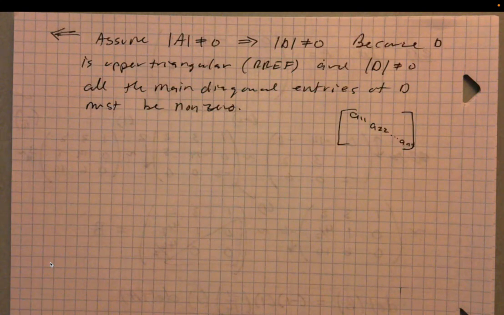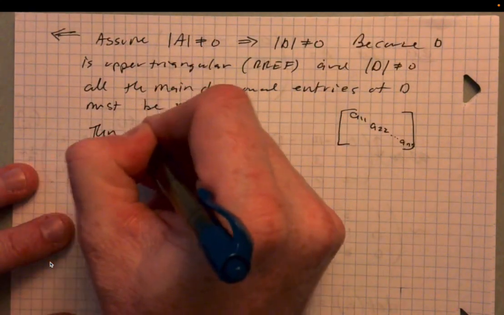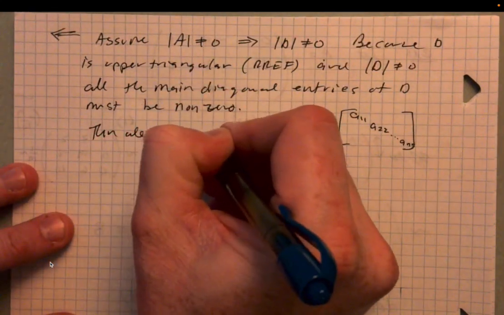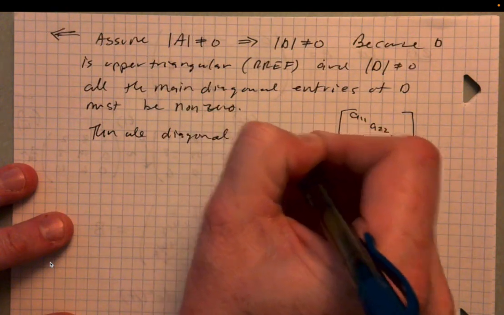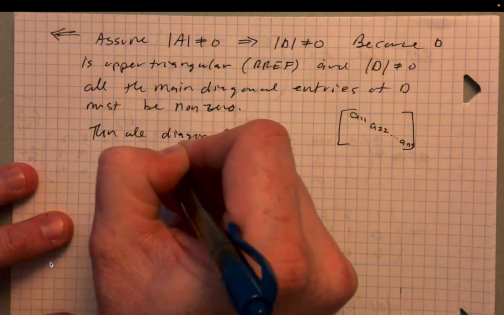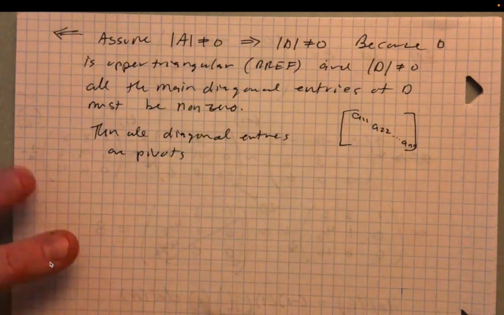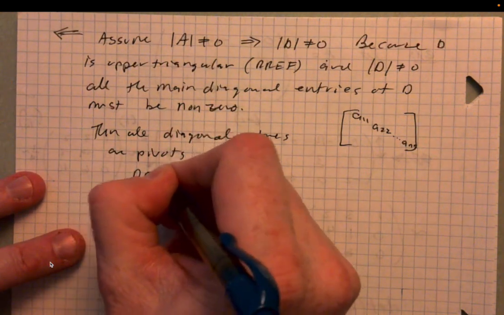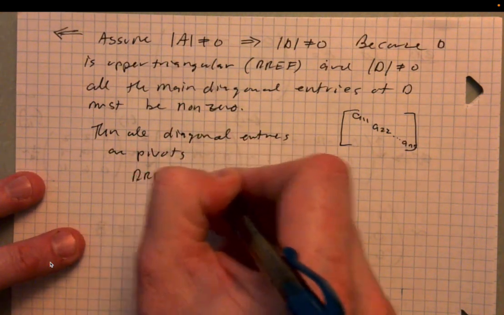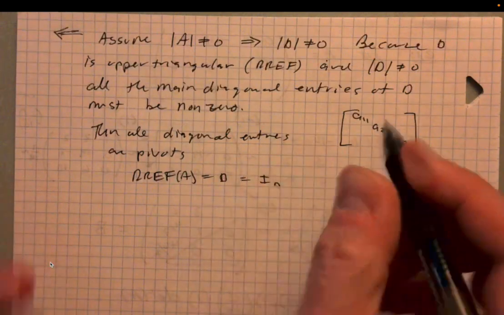Okay? So if all the main diagonal entries are non-zero, and the matrix is in reduced row echelon form, as we've assumed, then they are all pivots. Then all the diagonal entries are pivots, and what does that mean? Well, that means that the reduced row echelon form of A, which we call D, is the identity matrix.